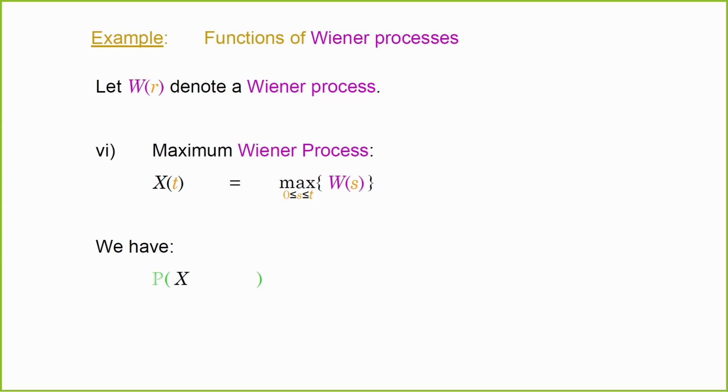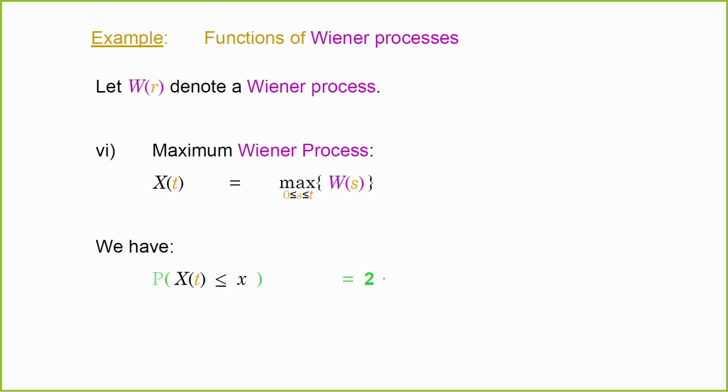Here, you're going to look at the cumulative distribution function of the maximum Wiener process, which is given by this expression. So this is the CDF, the cumulative distribution function of the maximum Wiener process at point small x, and that will be equal to that of the reflected Wiener process.